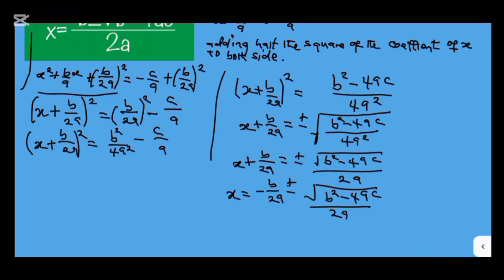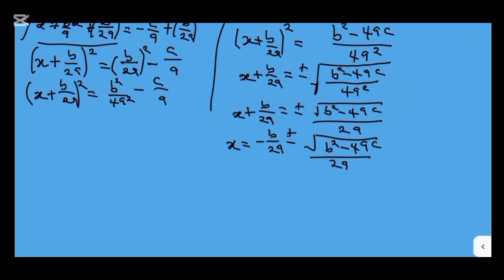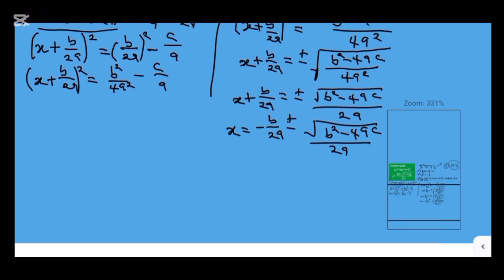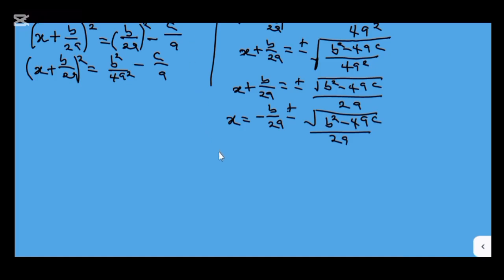Now what do you notice? You notice here that the right hand side has the same LCM, the same denominator, which is 2a.